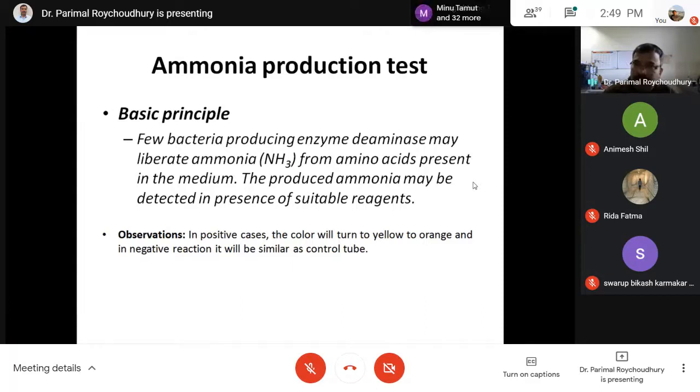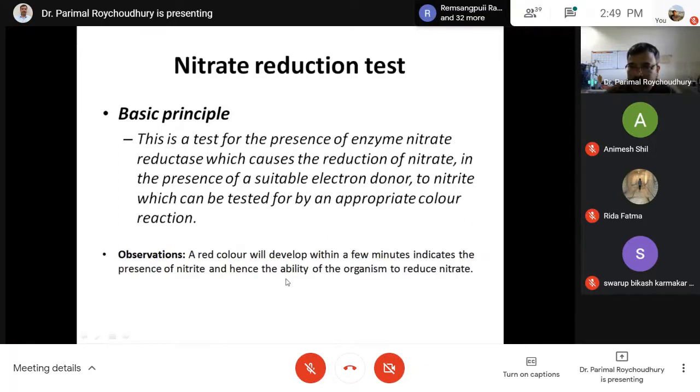As you know, ammonia is a highly alkaline substance, so very easily we can detect the ammonia production with some pH indicator. What basically we do, we use phenol red indicator, and the color will turn yellow to orange, and in negative reaction there will be no color development.